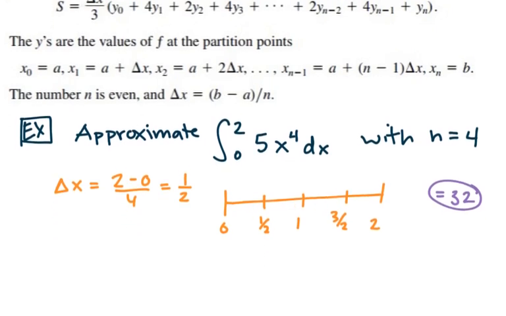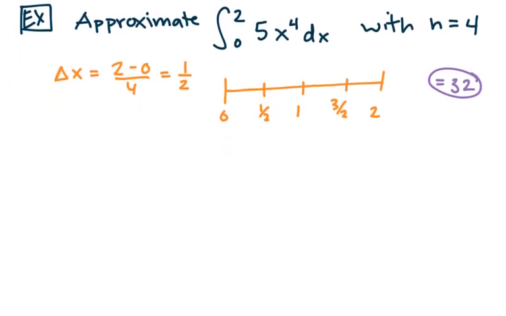And what would my y output values be? So these are all my x values. So I have y sub 0 equals 5 times 0 to the 4th, or 0. Y sub 1 is 5 times 1/2 to the 4th, which would be 5/16.